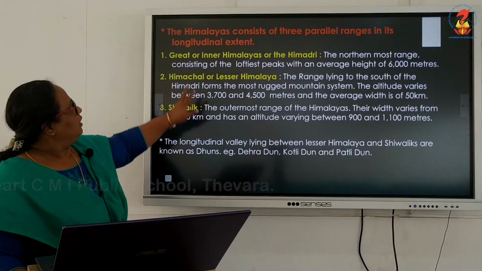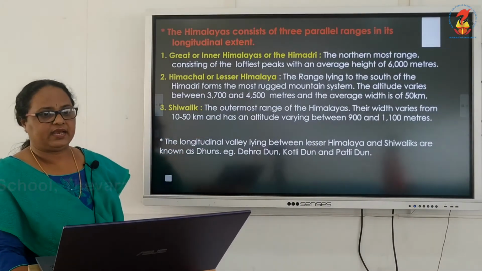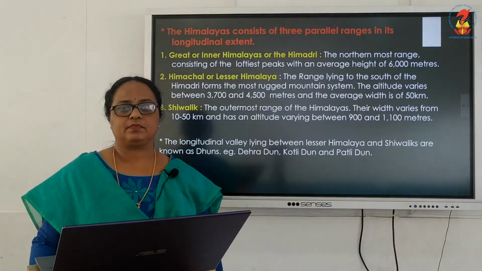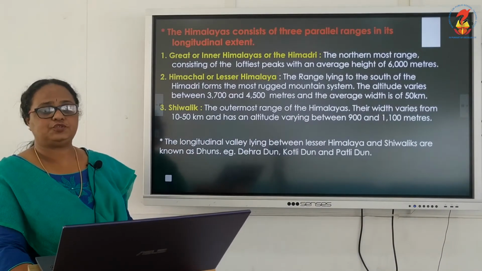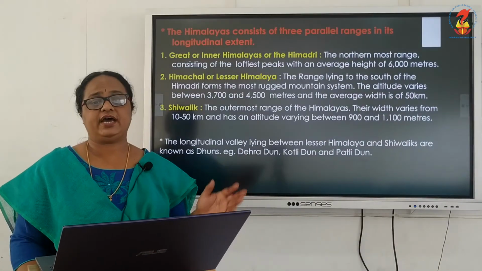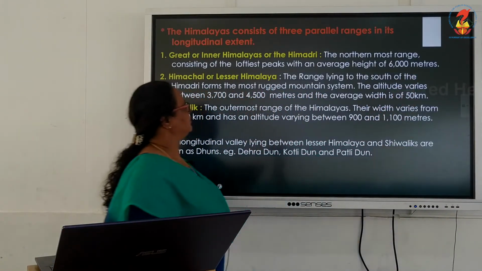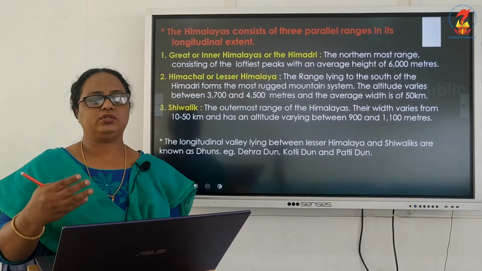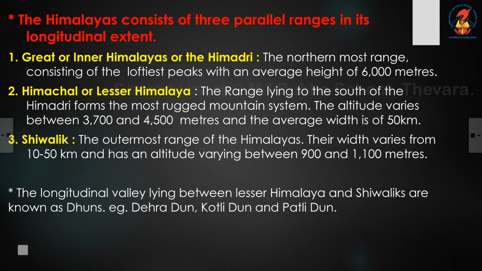Now, we will go in detail with the Great or Inner Himalayas, also known as Himadri. The northernmost range, consisting of the loftiest peaks, has an average height of 6,000 meters. Then the second one, just down below the Himadri, is the Himachal, known as the Lesser Himalayas.